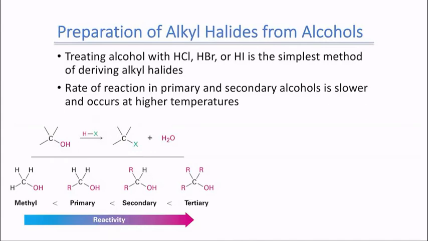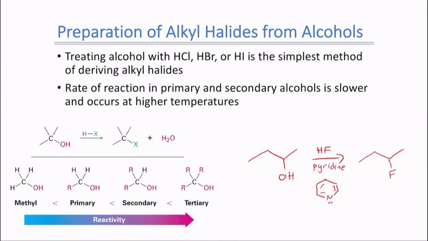So with HF, if I have my alcohol, I'll need to react with HF in pyridine. Pyridine's a type of base. So pyridine is a 6-membered ring with the nitrogen in it. It's aromatic. And what that'll do is convert that alcohol to a fluorine.